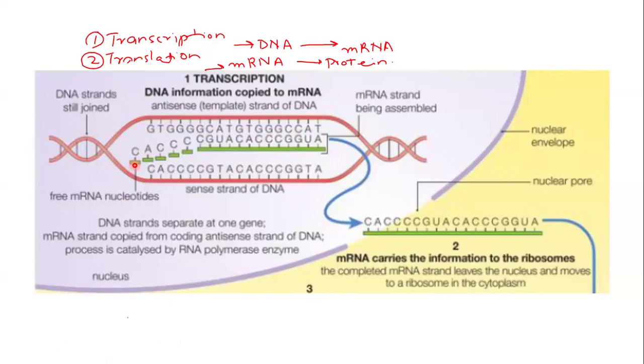Now I need to somehow take this genetic information and use it to make a protein. To do that, I have to take this information out of the nucleus and carry it out into the cytoplasm. Let me give you a good analogy.